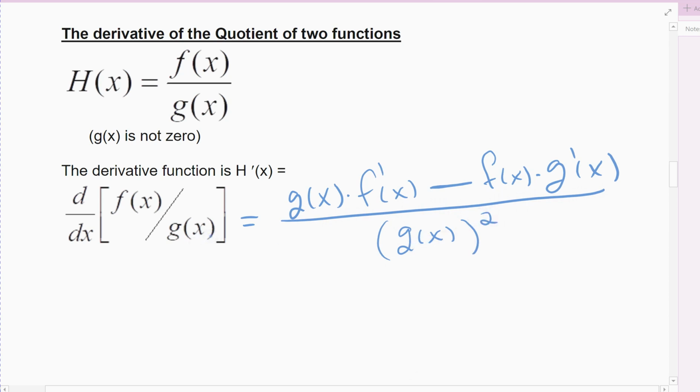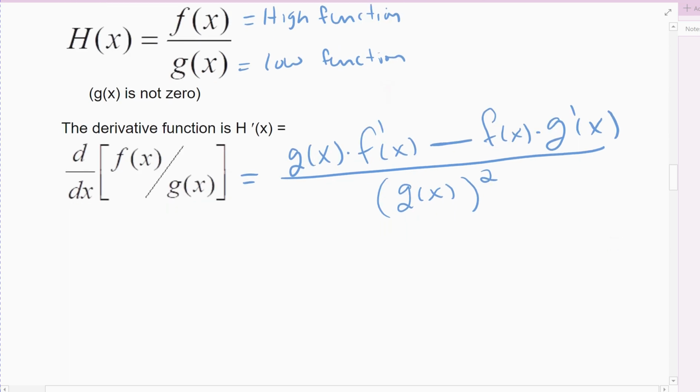Another way, the trick that was taught to me 20 years ago when I learned this, was we call this the high function. Alright, it's the one on top. We call this the low function.